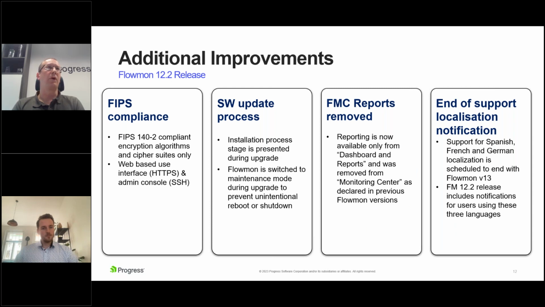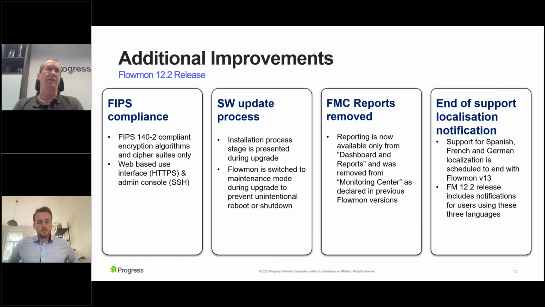Next, I would like to talk about a couple of other improvements across different areas, or a couple of changes, if you will. First thing is cipher suites and security algorithms that Flowmon speaks over the network.